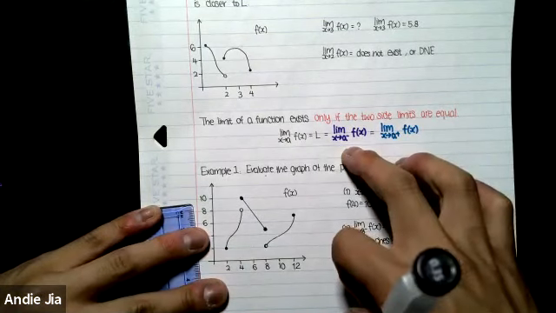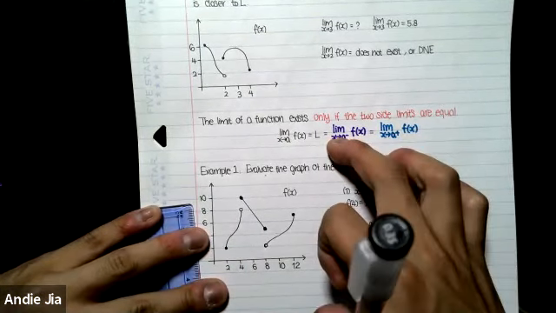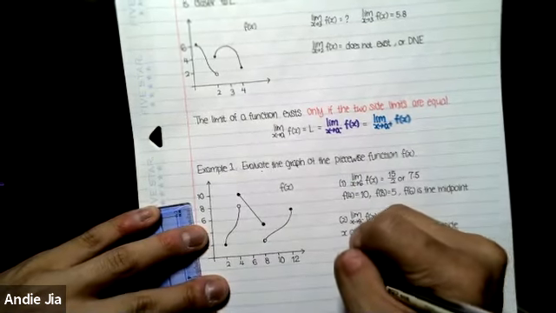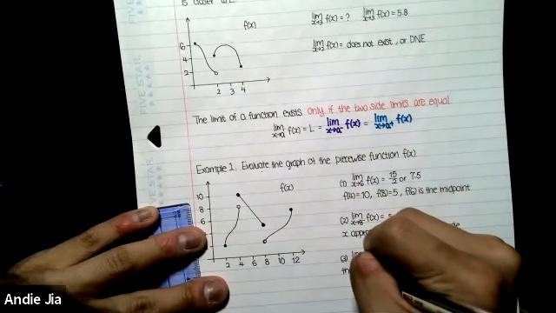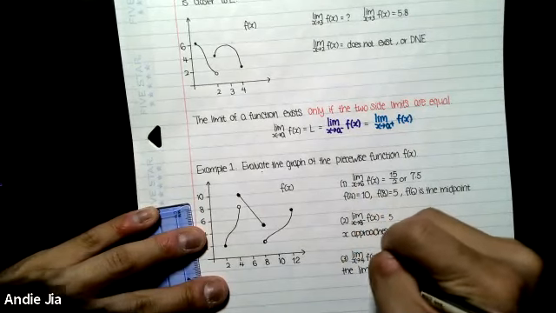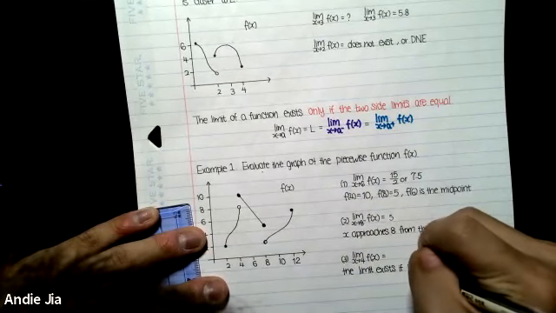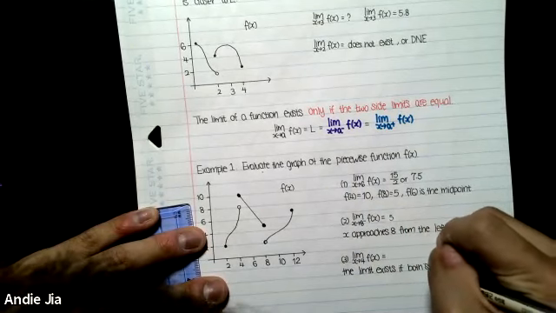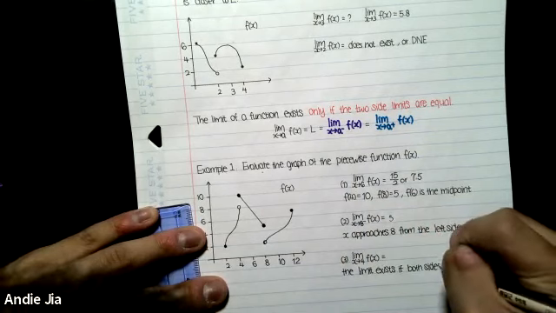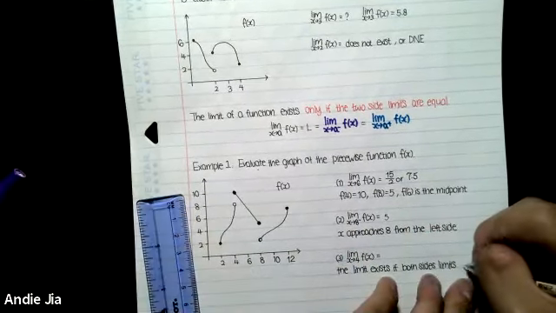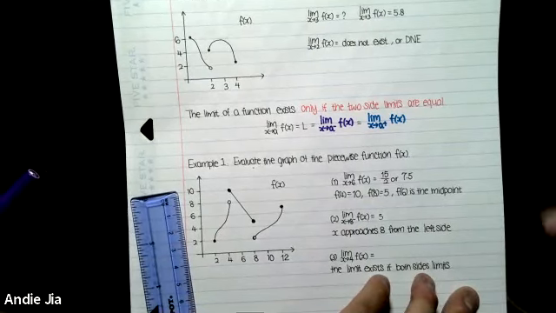As stated before, the limit exists if both side limits exist and are equal.